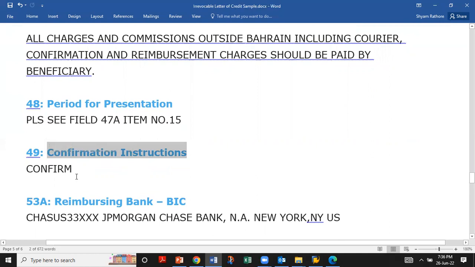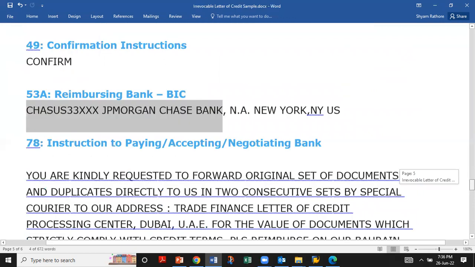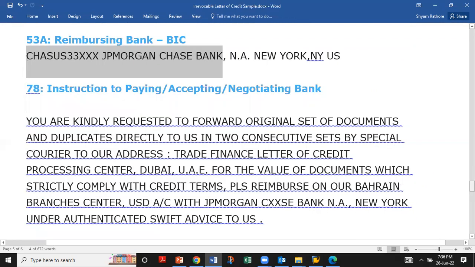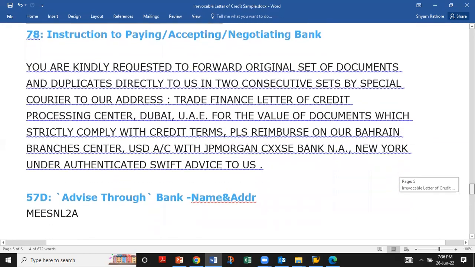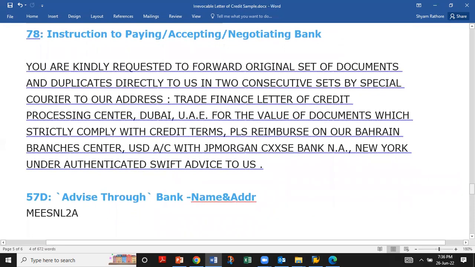Here the confirming and reimbursing bank's name and code are mentioned. Now instruction to paying, accepting, negotiation bank. So 78 is saying instruction to the paying, accepting or negotiation bank. Okay, so this is the instruction for the negotiation bank.